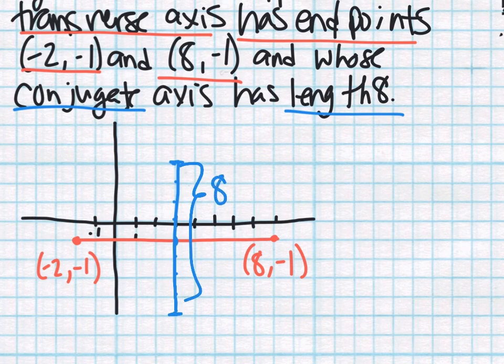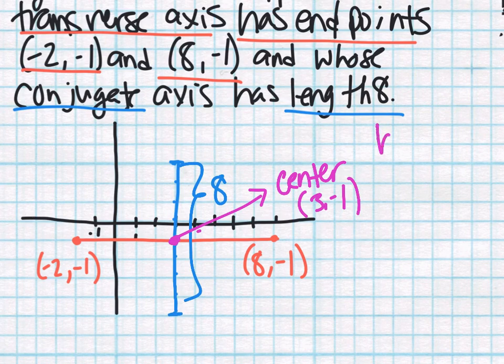If we think about where a hyperbola lies, we can see which direction this is going to face. Graphing it out like this and plotting the information we're given helps a lot. I can automatically see that this point right here is my center, and it's pretty easy to tell that the center has the coordinates (3, -1).